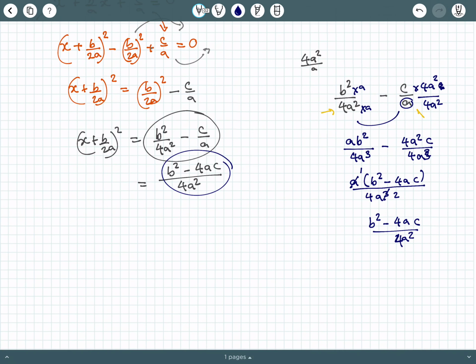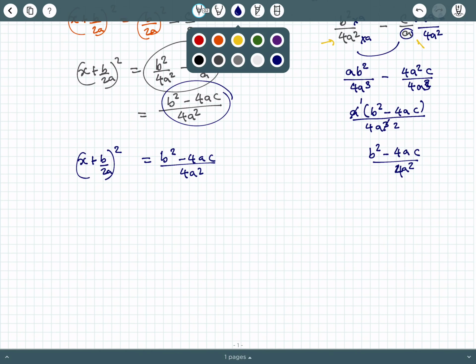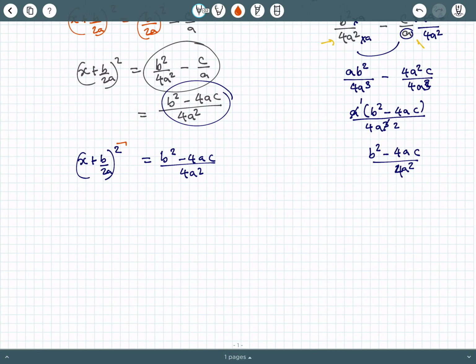Right, then we'll move on. x plus b over 2a squared equals b squared minus 4ac over 4a squared. So what we do is we find the square root of that to remove the squared, and then we do the same.